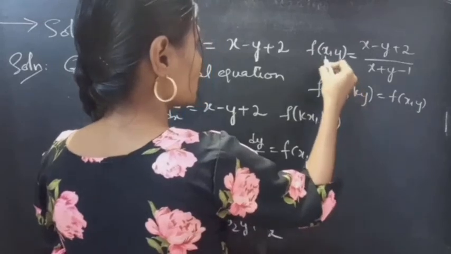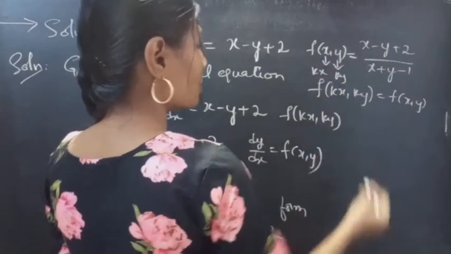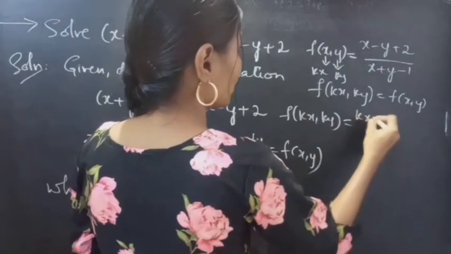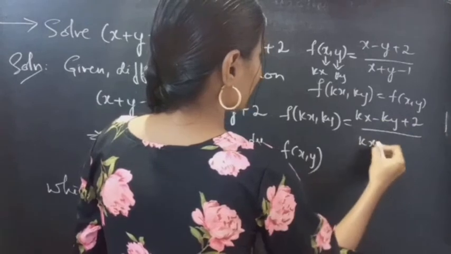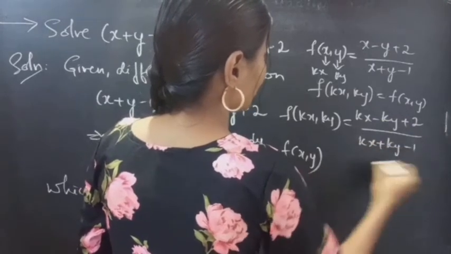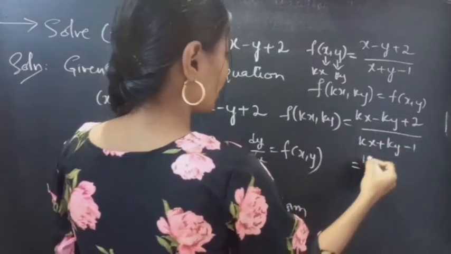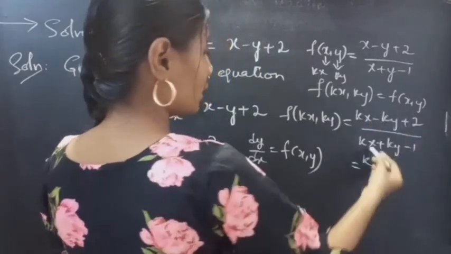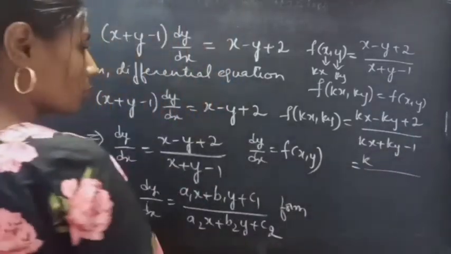Simply replace x by kx and y by ky in f(x, y), then we'll get (kx - ky + 2)/(kx + ky - 1), which is equal to, here we cannot take k common from all these three terms, and in the denominator also we cannot take k common from all three terms.